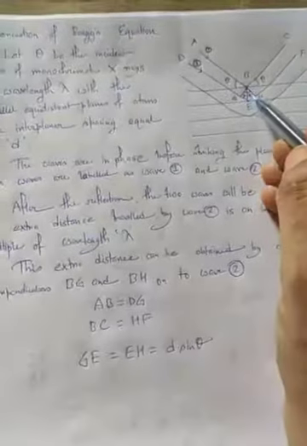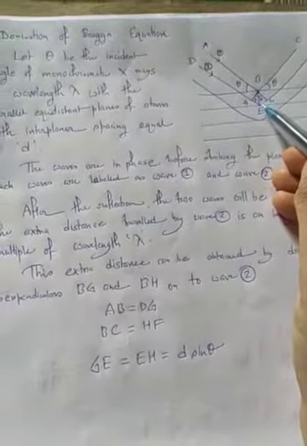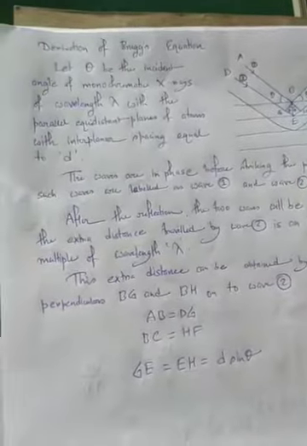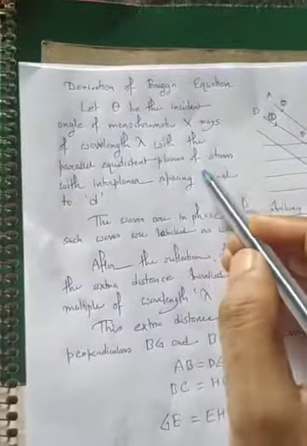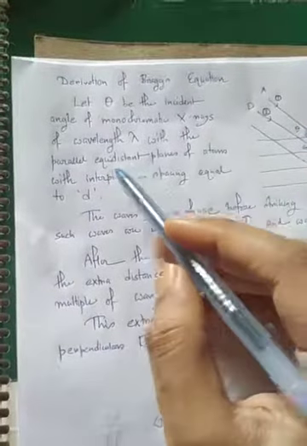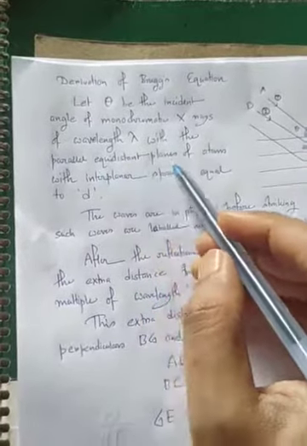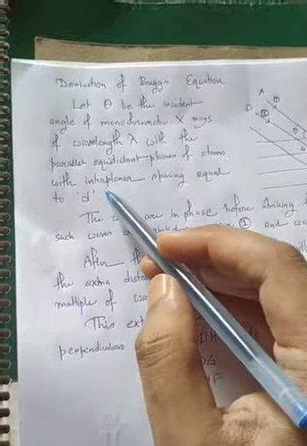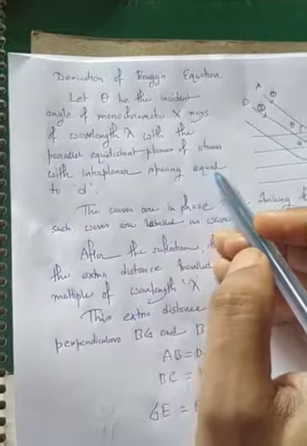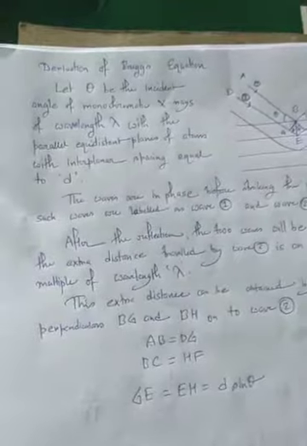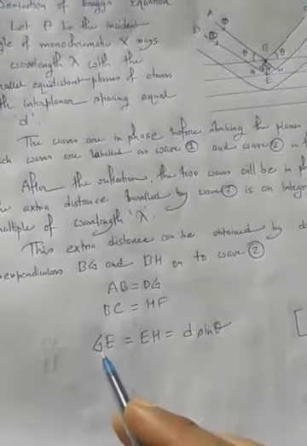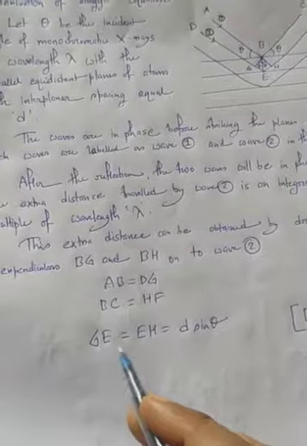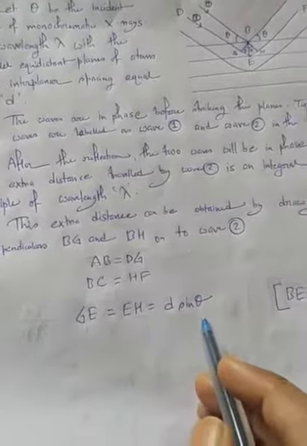No doubt about this, since BE is d. Look here, earlier we have declared that the parallel equidistant planes of atoms have interplanar spacing equal to d. So therefore BE is equal to d and GE and EH are equal to d sin theta.